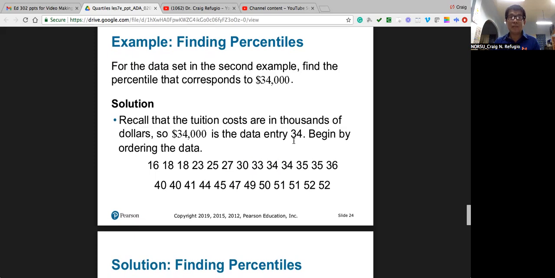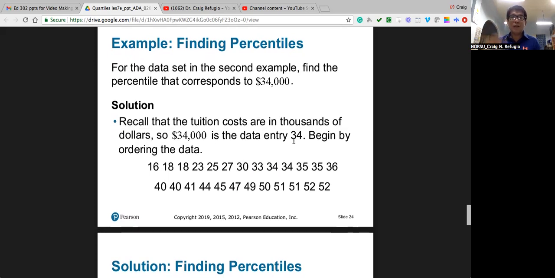Then the next one, find the percentile that corresponds to 40,000 US dollars. And number four, find the percentile that corresponds to 50,000 US dollars.